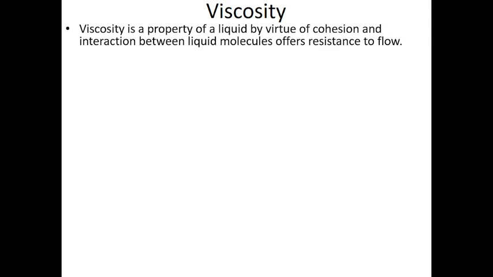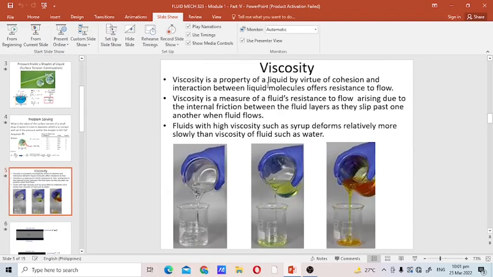So let's now proceed with our next property of fluid. The next property is called viscosity. So what is viscosity? It is a property of a liquid, by virtue of cohesion and interaction between liquid molecules, of a resistance to flow. Actually, it's not only liquid, it can also be gas.